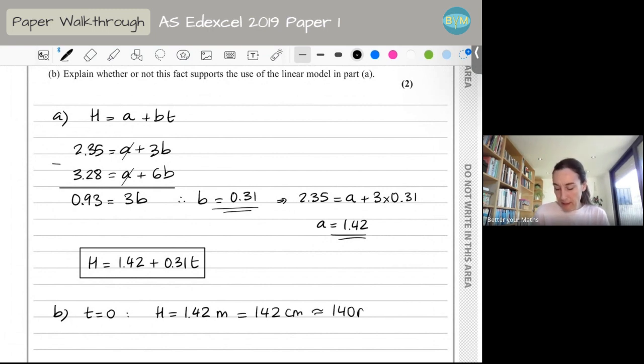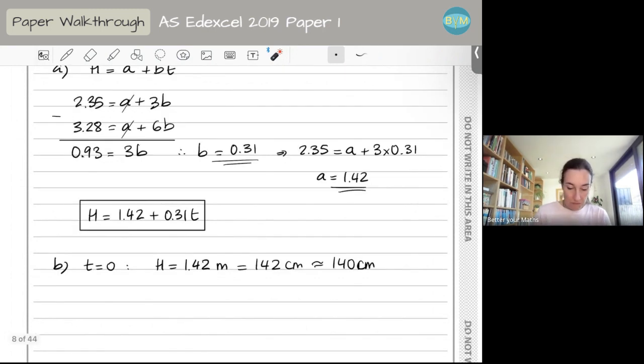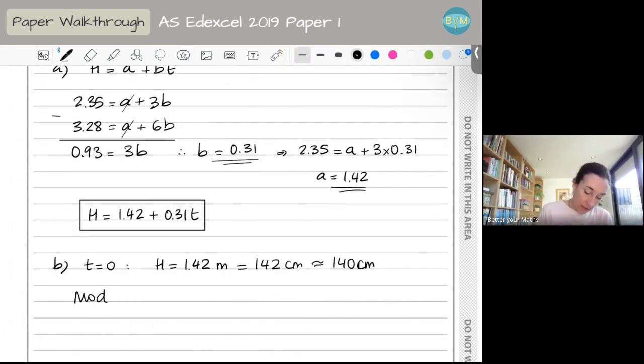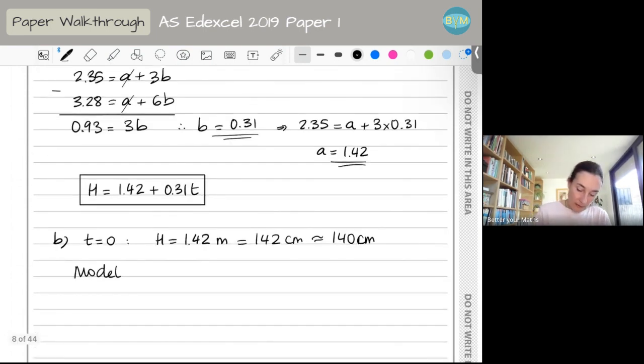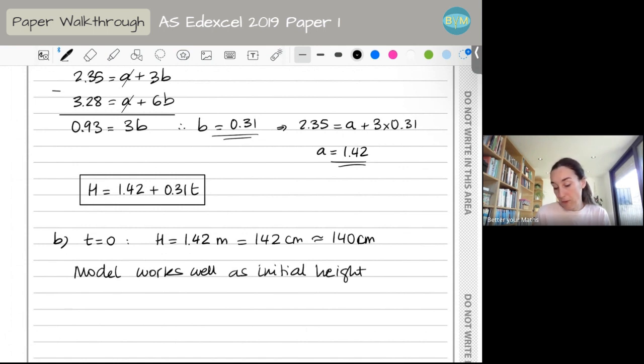Which is very close to the 140 that they say. So your conclusion should be that the model is okay because this is quite close. Something like the model is adequate, or the model works well as the initial height is very close to 140 centimeters, the calculated one with the model.